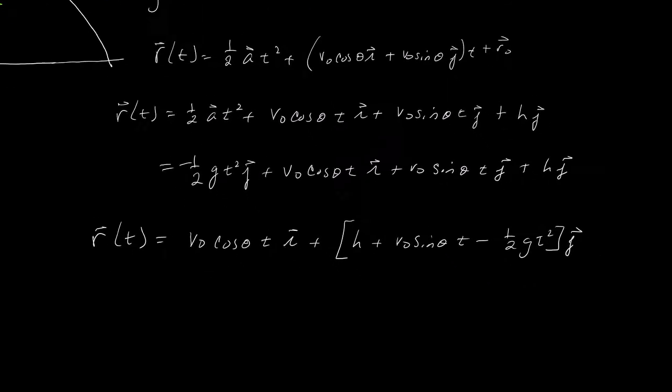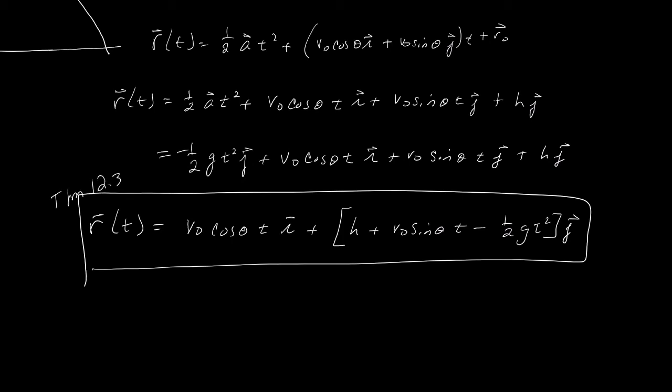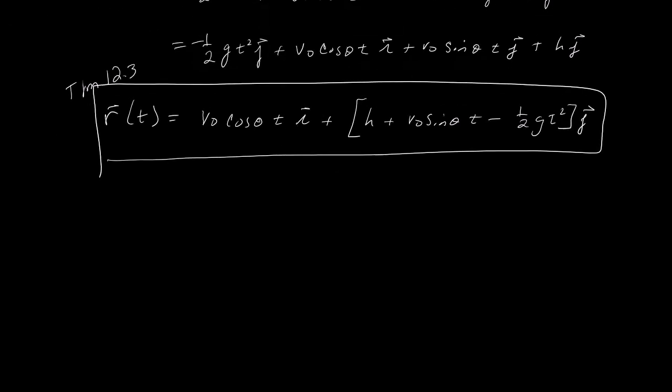And this is actually the result of theorem 12.3. This is going to be our position vector for any projectile launched from an initial height h, with an initial speed v naught at the angle of elevation theta, neglecting air resistance, where g is the acceleration due to gravity. Okay, so let's go ahead and use this in an example.